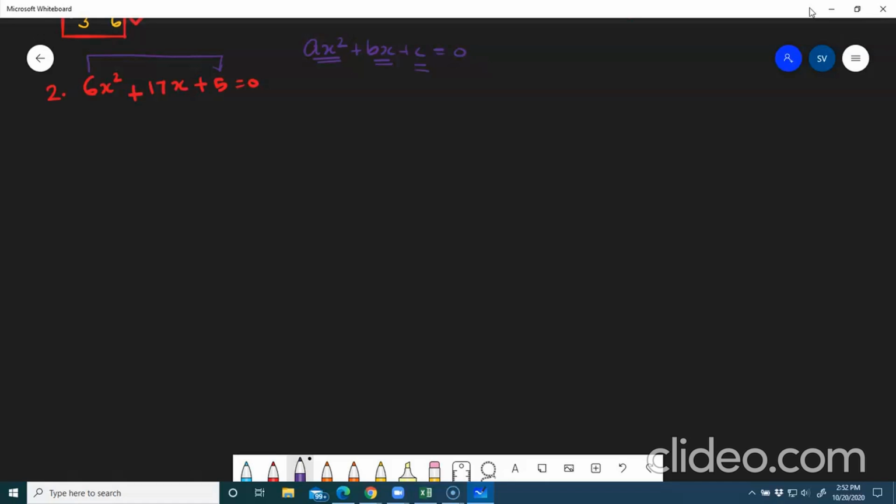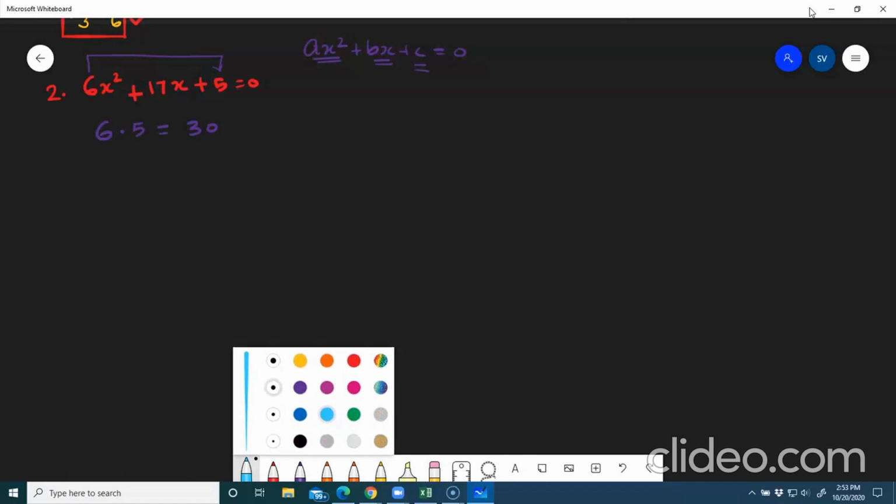So when I am using the first term and the last term, don't get confused. Find the product of the coefficients of the first term and the constant. The coefficient of the first term is 6, so 6 times 5 is 30, and the sum is 17. So now we are actually on the path.